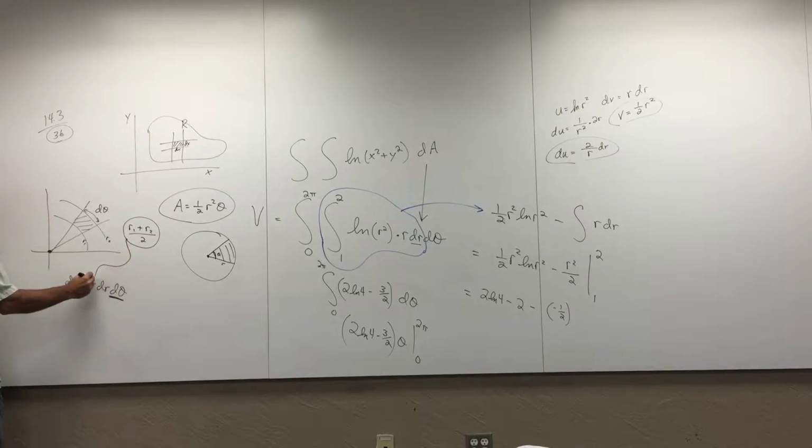I might call that this R. And then I got this little change in R, which I would call dr. That's my explanation. Can I say it better? Maybe I could. What am I doing?